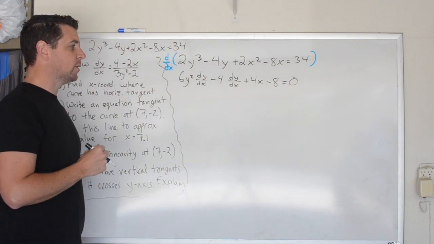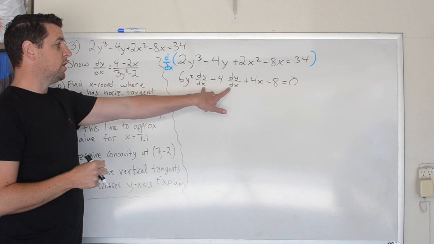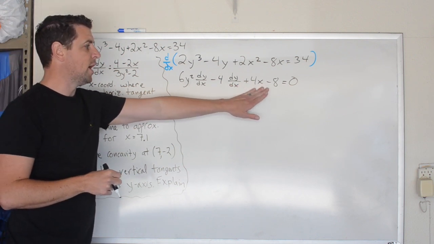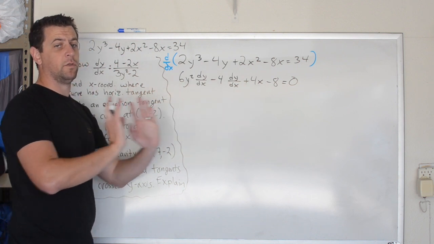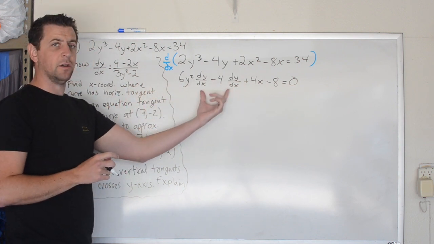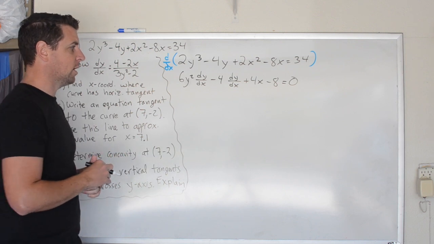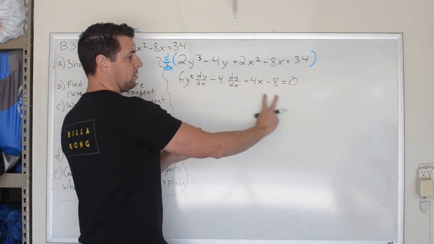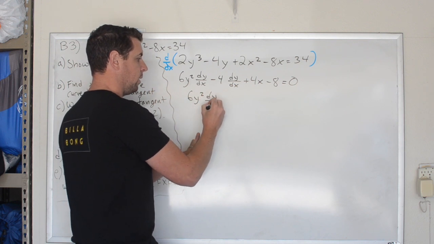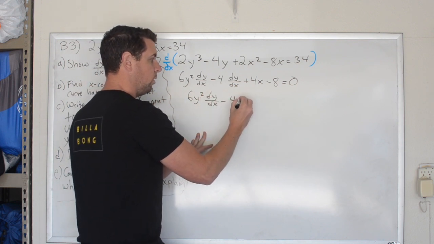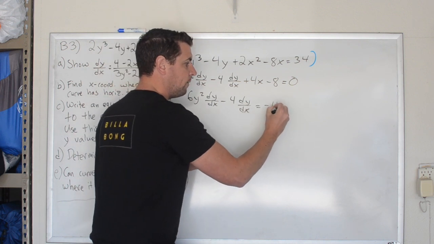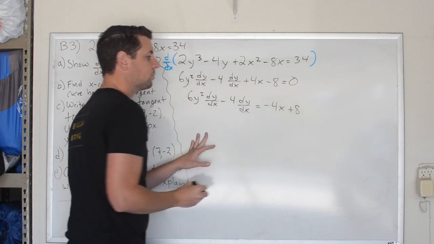So we successfully took the derivative, but we need to solve for dy dx. I think the easiest way to do that is to move all of my non-dy dx terms over to the other side of the equation, and then I'll group these two terms together to solve for that dy dx. So my first step is moving this over. So I have 6y squared dy dx minus 4 dy dx equals negative 4x plus 8.